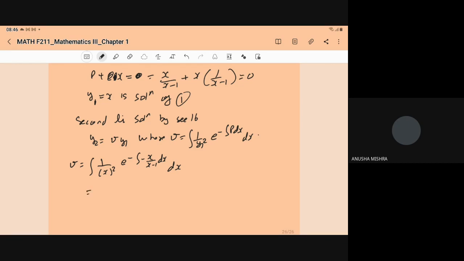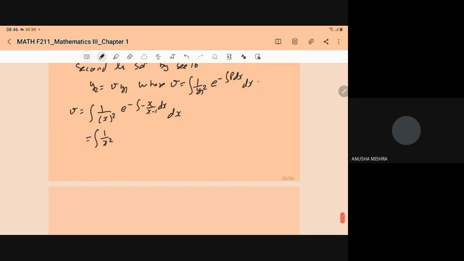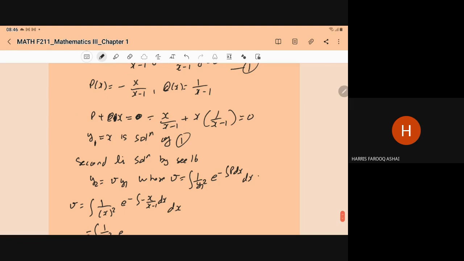So that can be written as integral 1 upon x square e to power, this can be written as x upon x minus 1. We can do x plus minus 1 in the numerator.